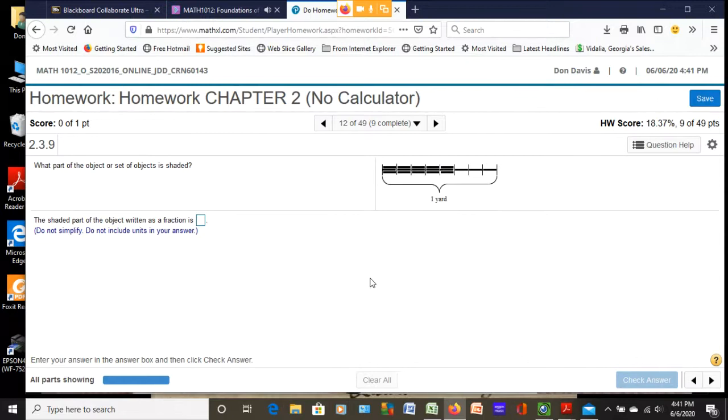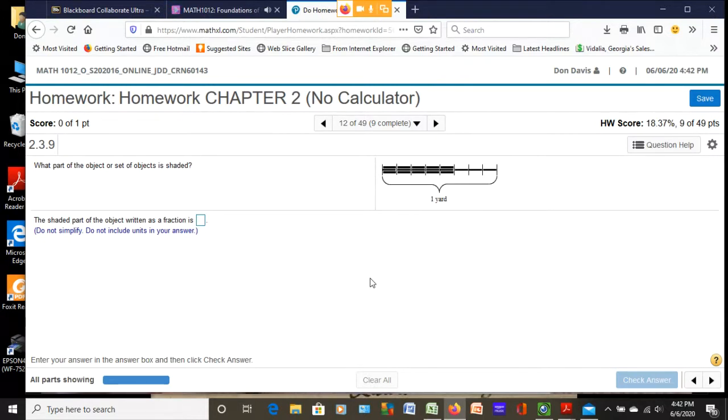Now, here's one. Just notice this. Let's see if we can do this one together, and then I'm going to sketch it out on my pad. You notice that we have a picture here of a distance and a dimension that they're referring to as 1 yard. And please notice that this particular dimension, 1 yard, has been divided up into some distinct parts.